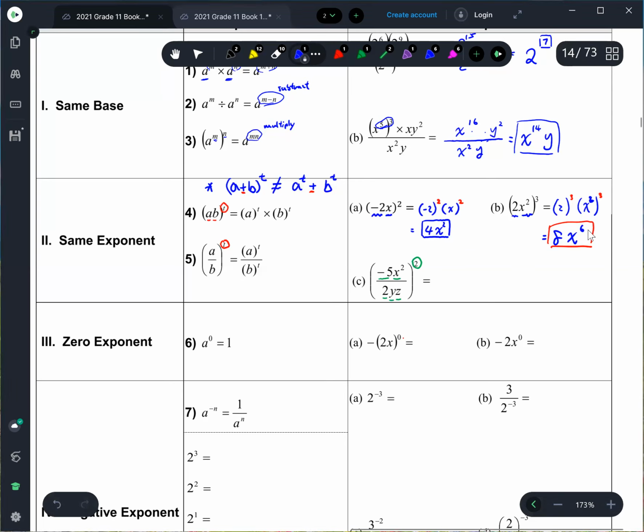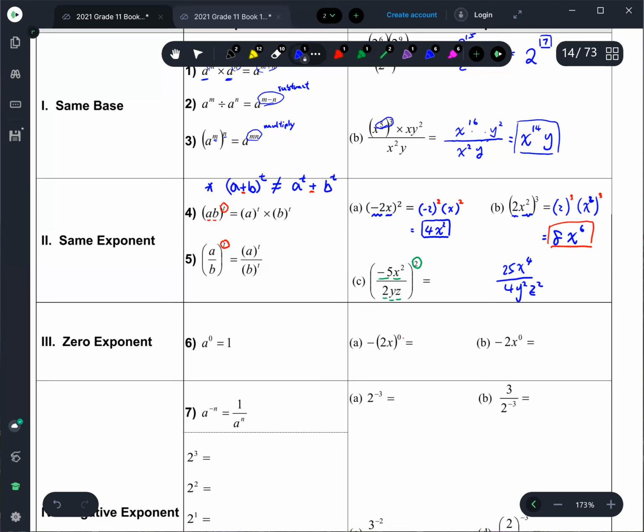Okay, if you are done, please raise your hand. Bernice, what do you have? I got 25x to the power of 4 divided by 4y squared and z squared.